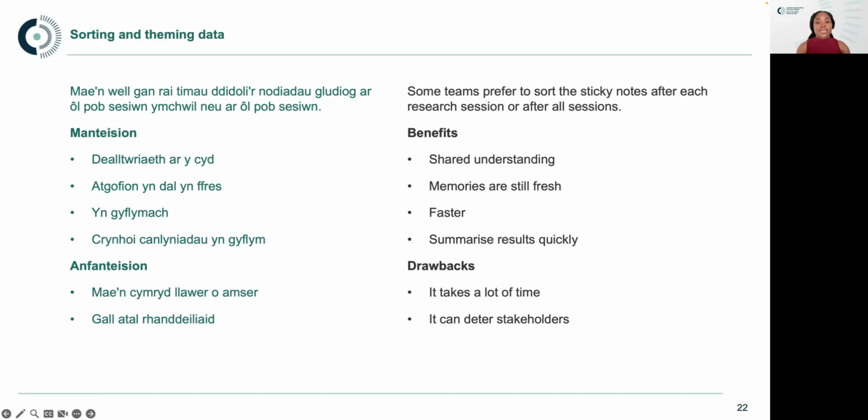The drawbacks here are that it takes a lot of time, and the same benefit might be achieved with just a quick discussion with the people that observed the research sessions. And it can also deter stakeholders from coming to the final post-research affinity diagramming meeting. Next slide, please.